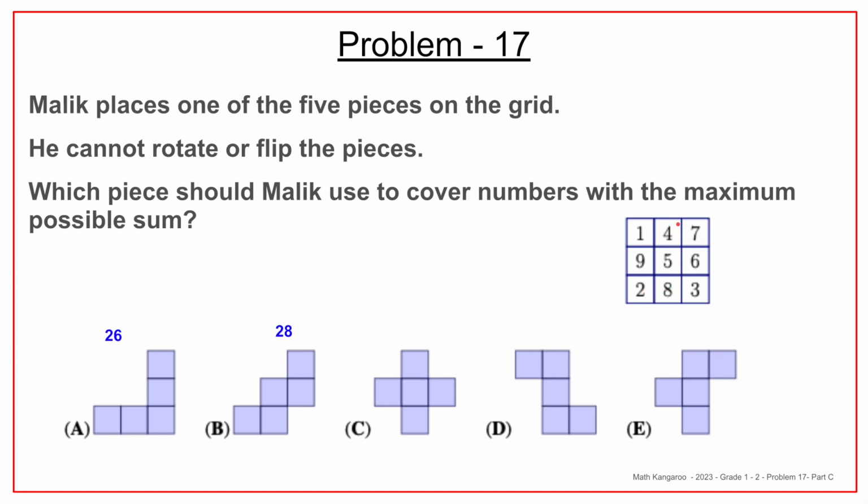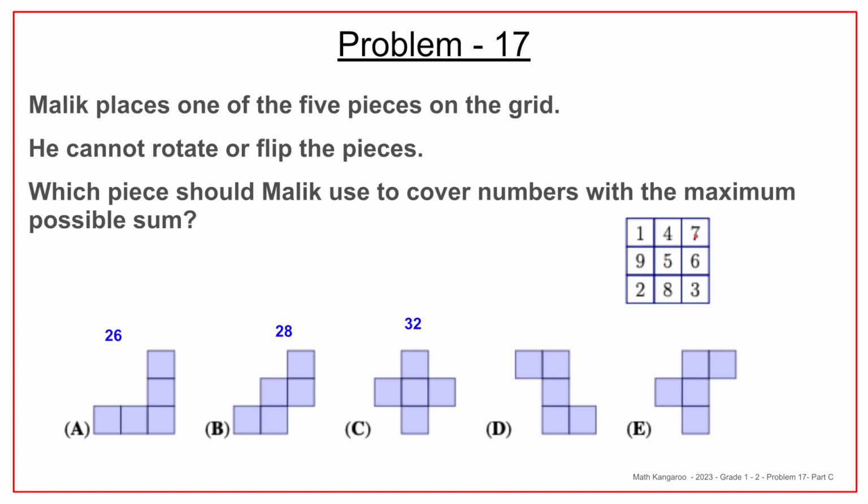Option C, we could cover 4, 5, 8, 9, 5, 6. And we sum them: 4 plus 5, 9, 9 plus 8, 17, 17 plus 6, 23, 23 plus 9, 32. So we got 32 for option C.